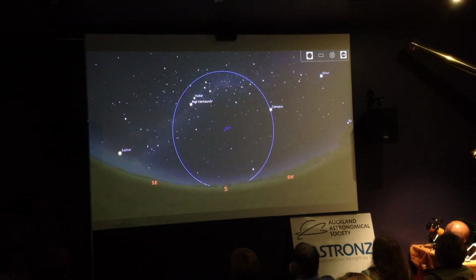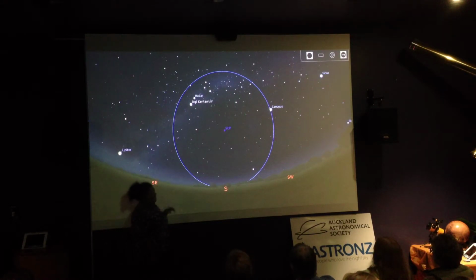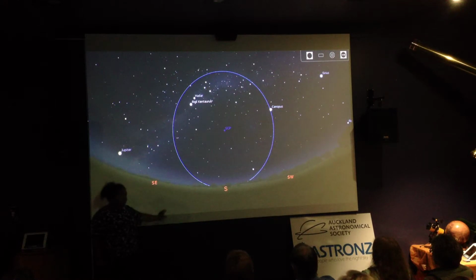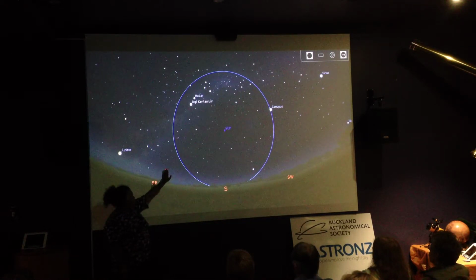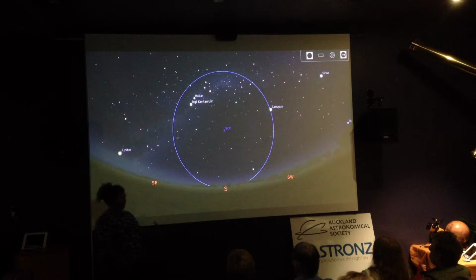Next thing I want to show you is, this is what our sky would look like if we went outside in maybe an hour or so. That cross that you can see with SCP, that is our South Celestial Pole. Quick navigational tip: where the South Celestial Pole is located in the sky, if you can measure that angle from the horizon, it tells you your latitude here on Earth.